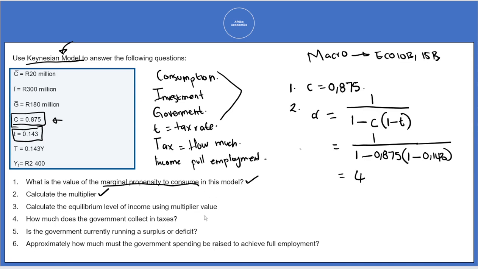The next thing that we will calculate is the equilibrium level of income using the multiplier value. So we'll use this 4 over here.